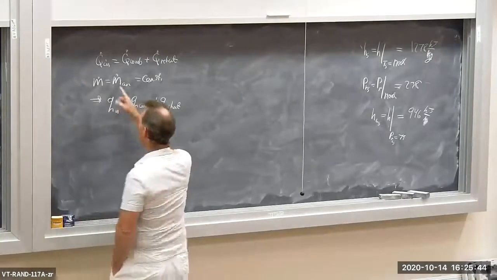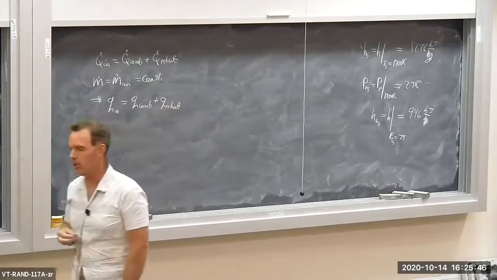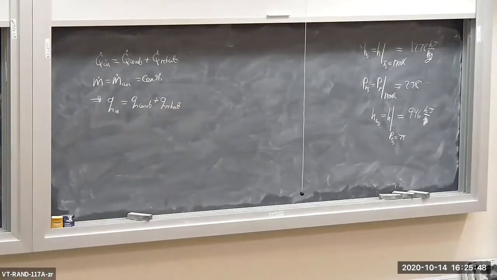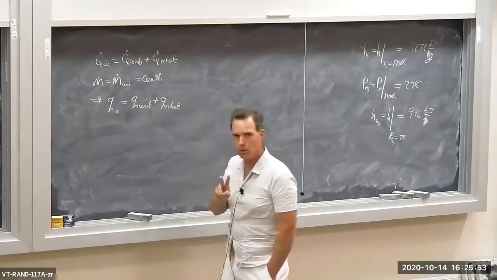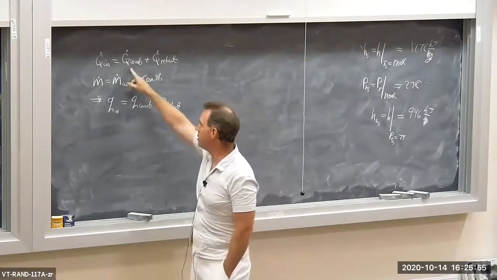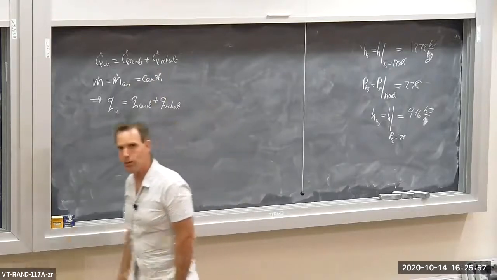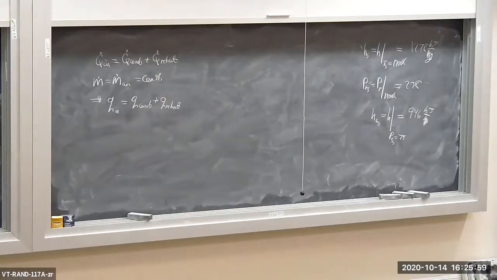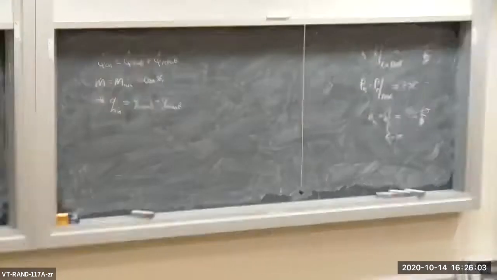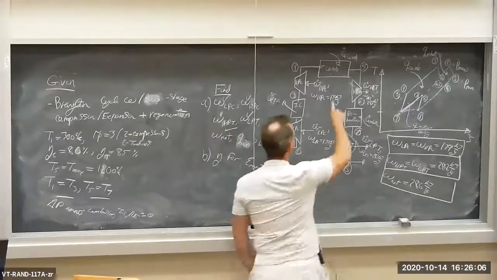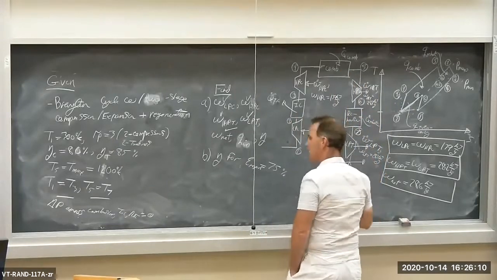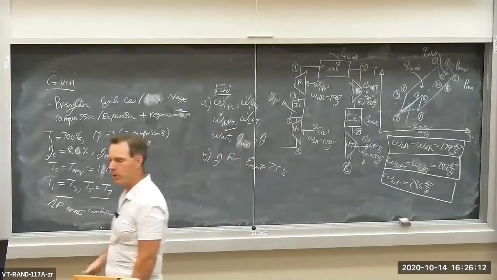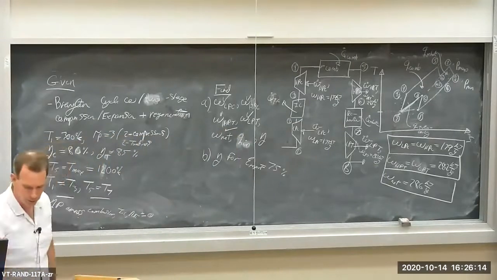Well, first of all, Q dot in, the rate of heat addition into our Brayton cycle here, is composed of 2 sources: the heat added in the combustor and the heat added in the reheater. Heat is being added to the system in 2 locations in our device. So we have Q dot combustor and Q dot reheat, both of which are used to increase the temperature of the working fluid, okay?